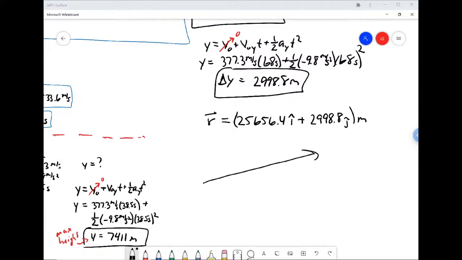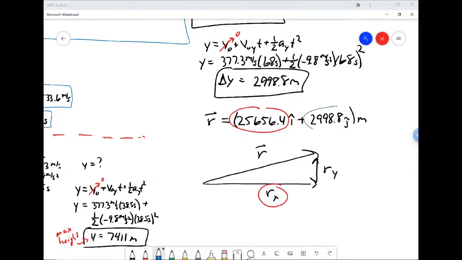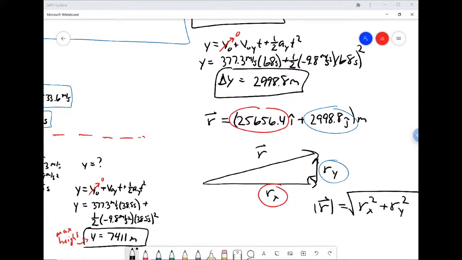If you have a vector r that has an x component and a y component, there's the x component, there's the y component. So the magnitude of r is the hypotenuse of a right triangle. It's going to be the square root of r_x squared plus r_y squared. Well, let me just do it right now, make sure I didn't make any mistakes.